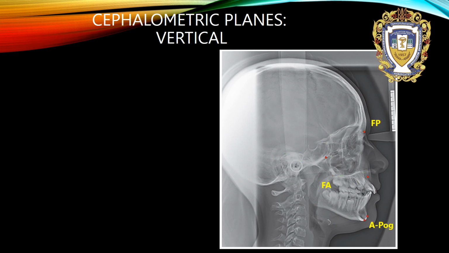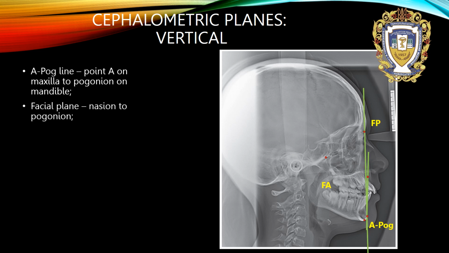And vertical planes. A-pogonion plane, point A on maxilla to pogonion on mandible. Facial plane through nasion and pogonion point.